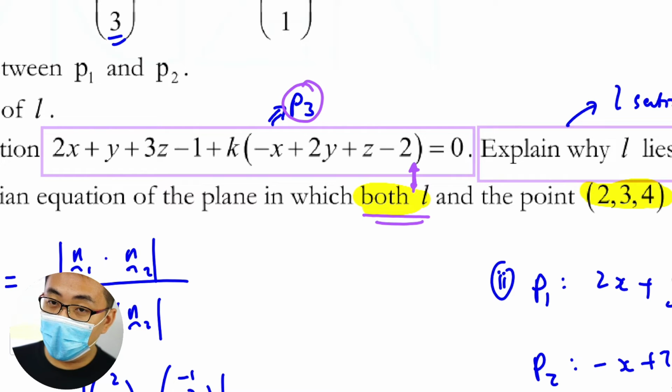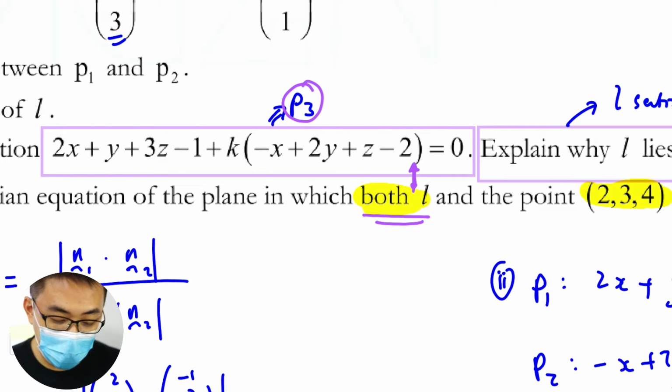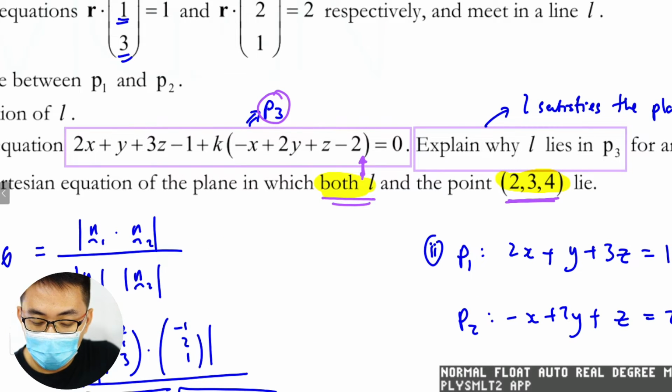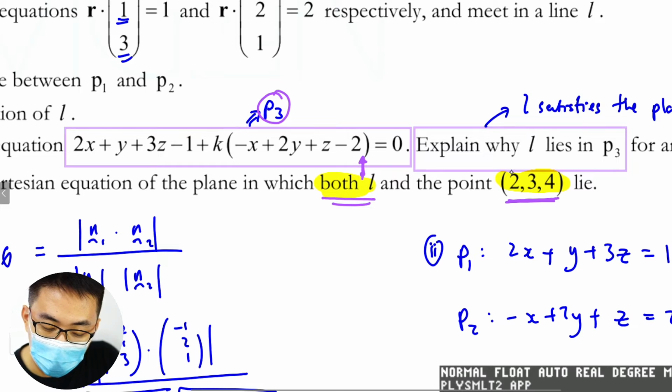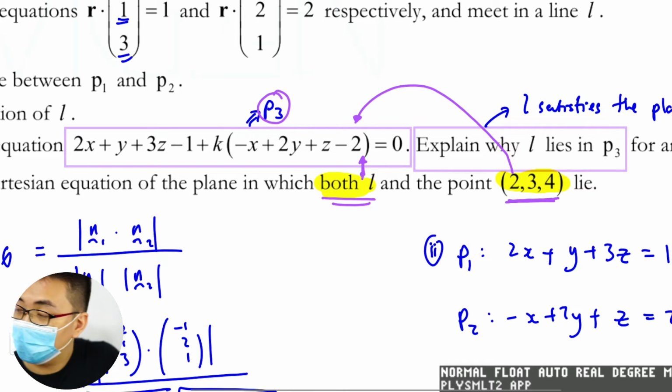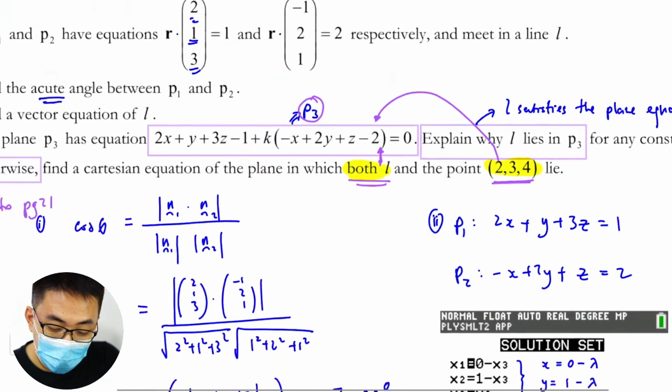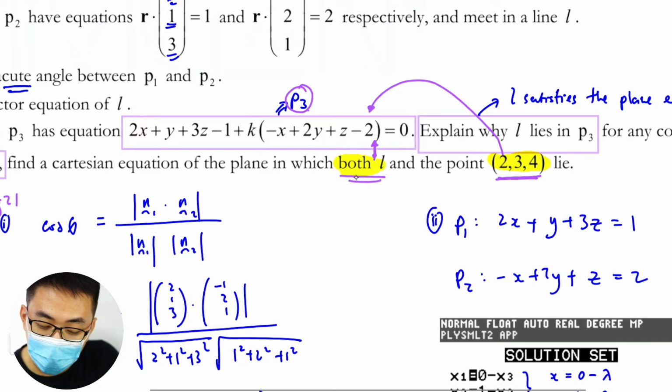Any value of k, you will definitely have a plane 3 here. Now, this point 2, 3, 4, we can also substitute into this plane equation. Now, I repeat, this plane 3 will definitely contain L. But for a different combination of x, y, z, you have a different value of k.